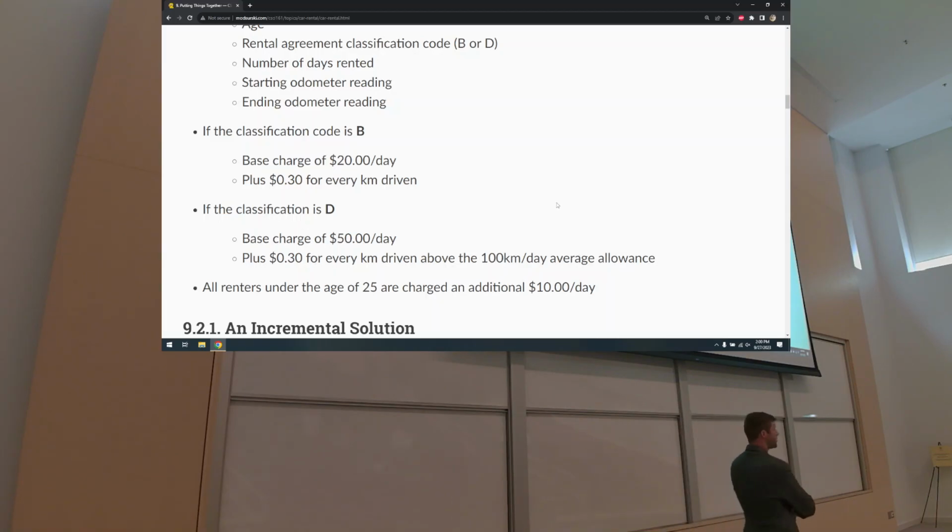It's $50 a day, plus 30 cents for every kilometer driven above a 100 kilometer a day average. So I need to know how many kilometers they drove on average a day, and then any amount above 100, I calculate the 30 cents on that and add it to the total. Little hairy, but we can do it. Are there any questions so far?